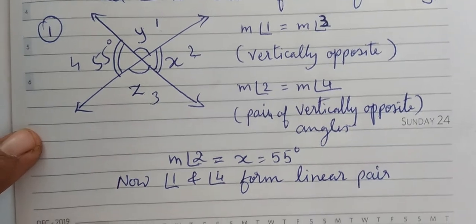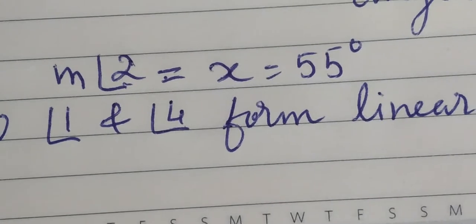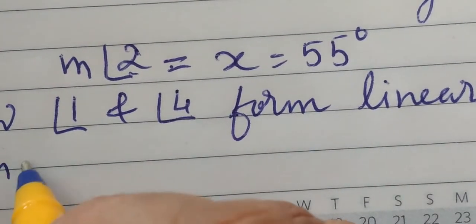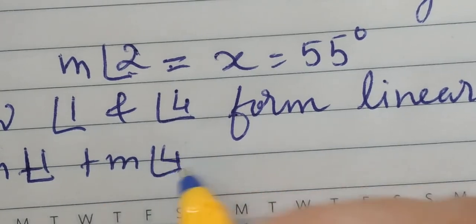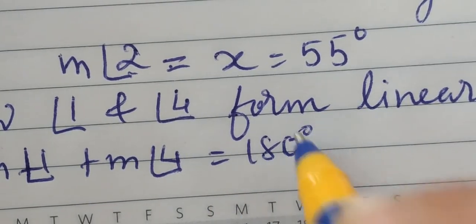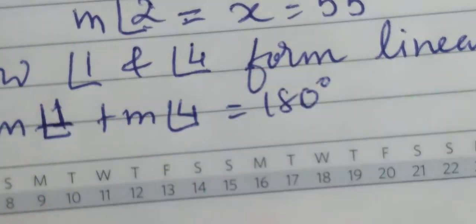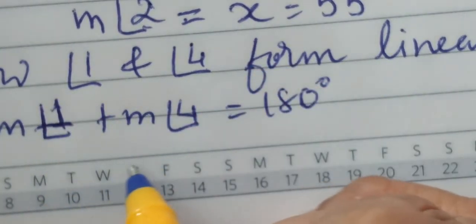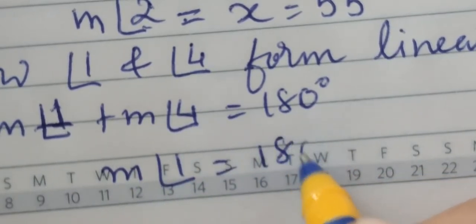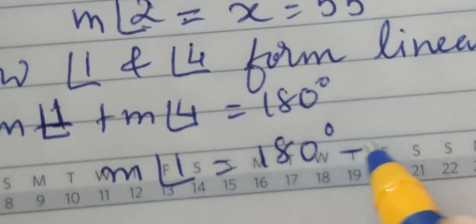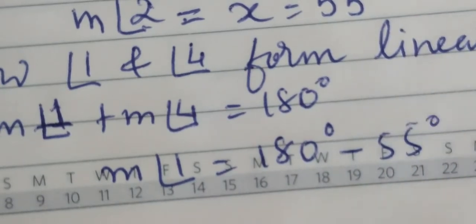Linear pair. So measure angle 1 plus measure angle 4 is equal to 180 degrees. Since angle 4 is 55, measure angle 1 is equal to 180 degrees minus 55 degrees.